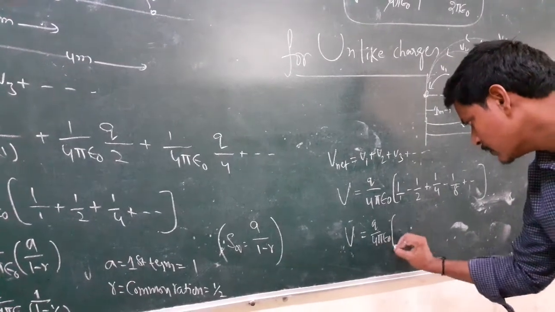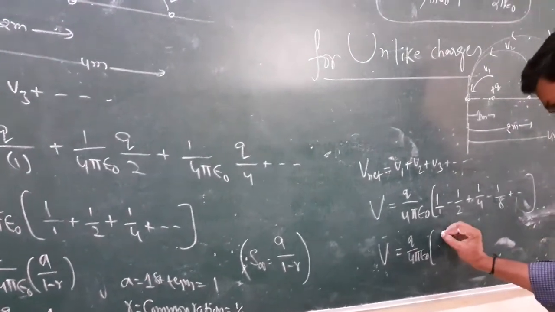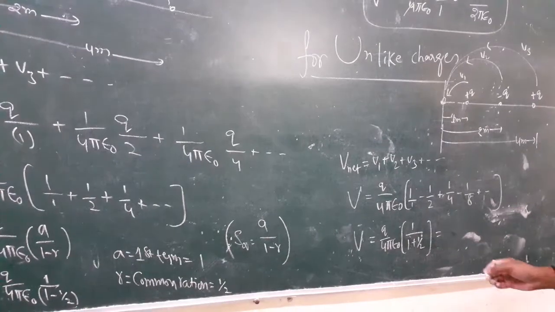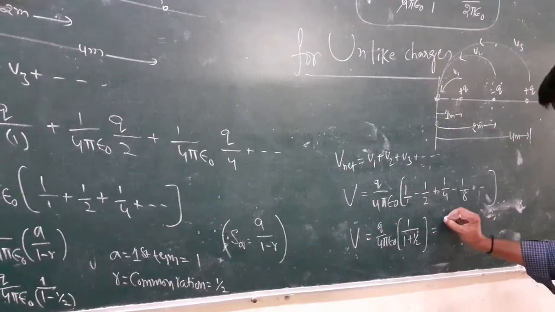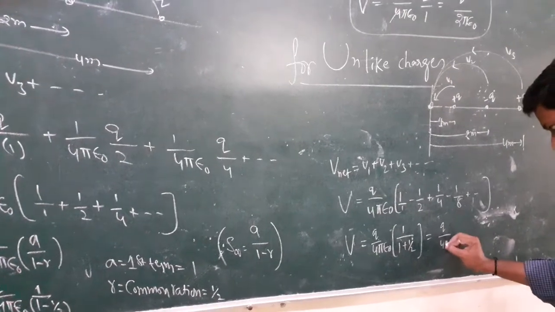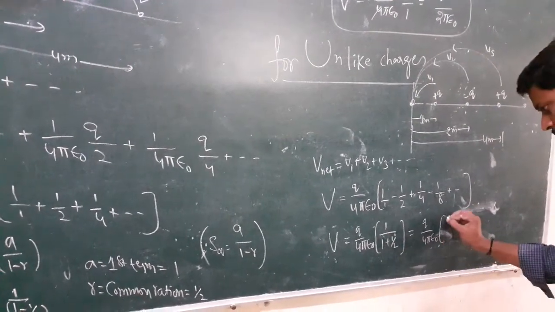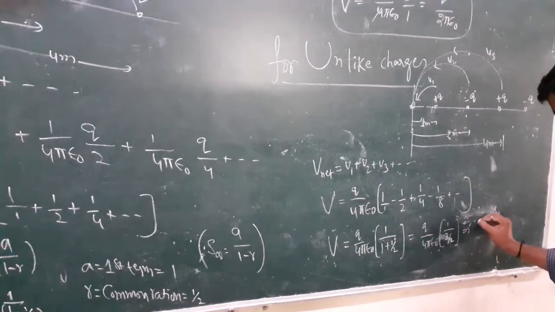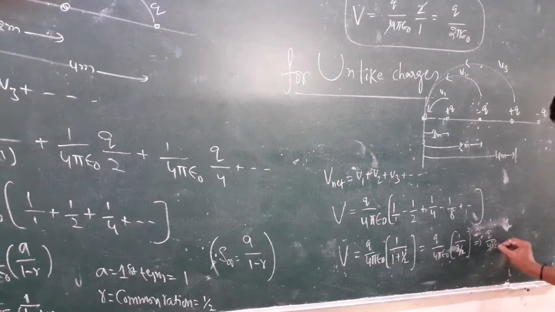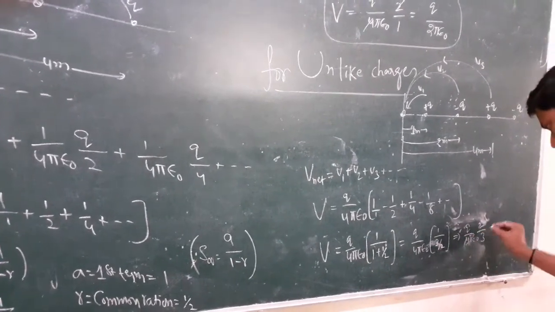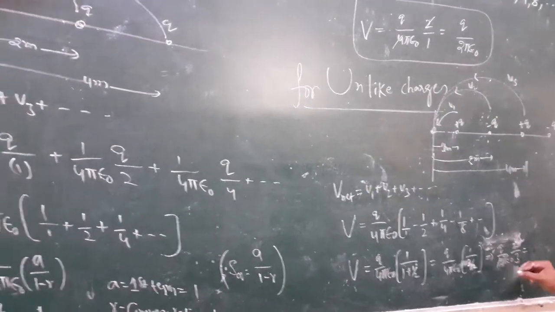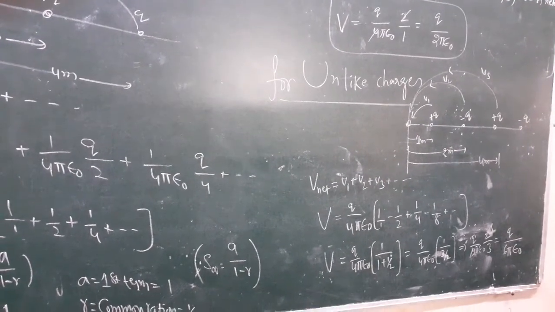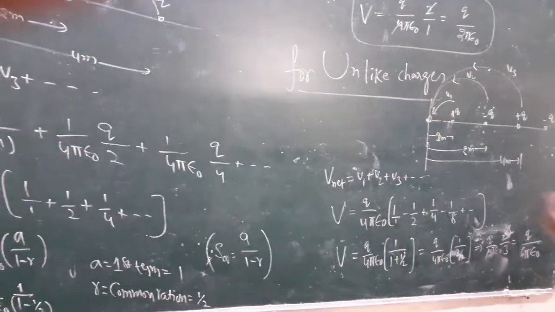From the same relation, 1 by 1 plus 1 by 2, therefore that is 2 plus 1, 3, so q by 4 pi epsilon naught into 1 by 3 by 2, that is equal to q by 4 pi epsilon naught into 2 by 3. The 2 gets cancelled, then 2 threes are 6, so q by 6 pi epsilon naught. This is the net potential at this origin O.